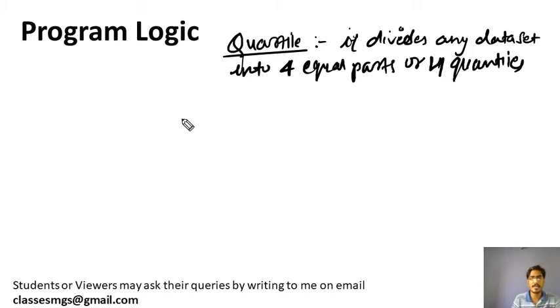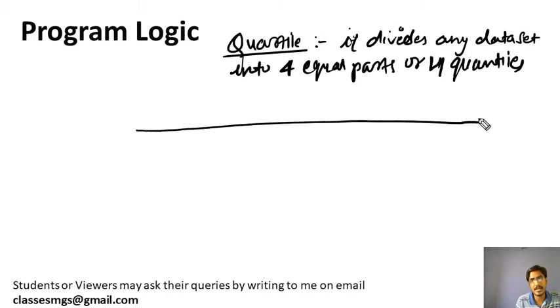Let's suppose a data set is given, and what is the median? The median will fall here. And what is the first quartile? The first quartile will be the middle of these two values. That is the first quartile.